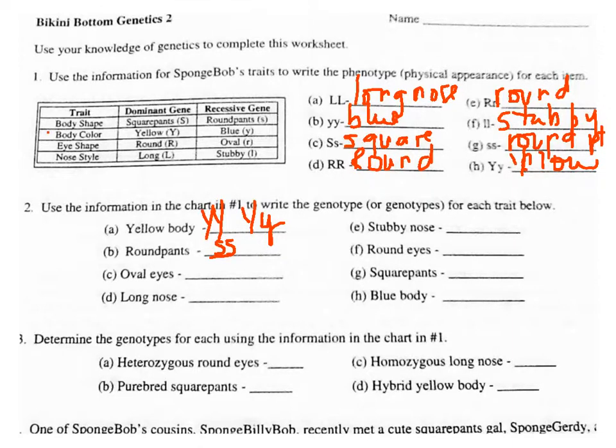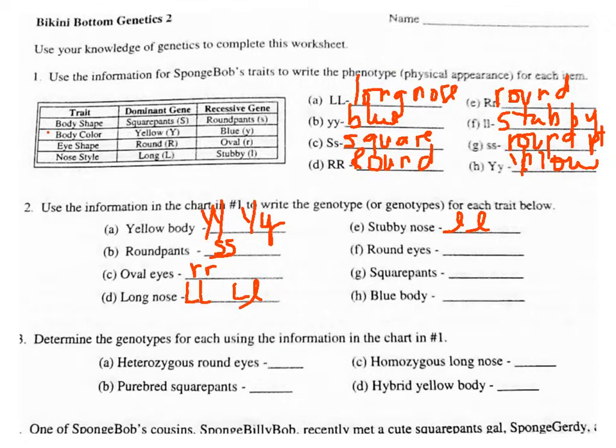Oval eyes, eye shape. Round is dominant, oval is recessive, so in order to be oval, you'd have to have two recessives. Long nose is dominant, so either big L, big L or big L, little l. Stubby nose is recessive, so it has to be two little l's.